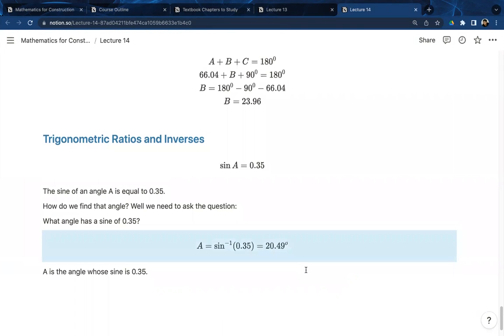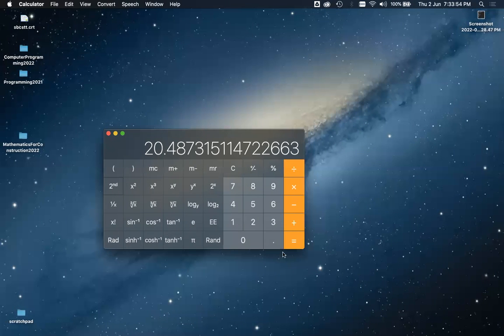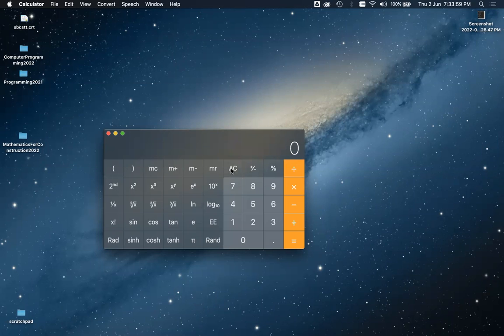Okay, so if you know an angle, like say, 40 degrees, and I want to find the cosine, you just press cosine and you get a value less than 1, 0.766, right? But what if I know the value of the cosine is 0.766?